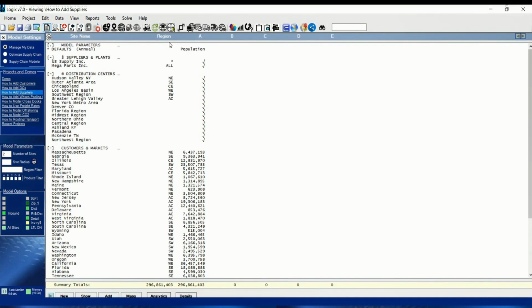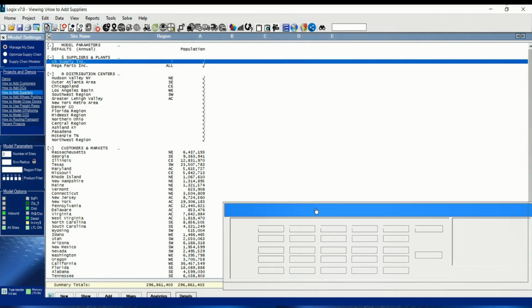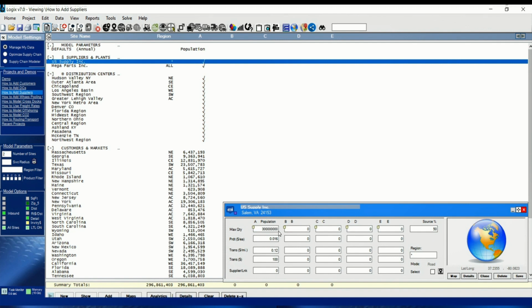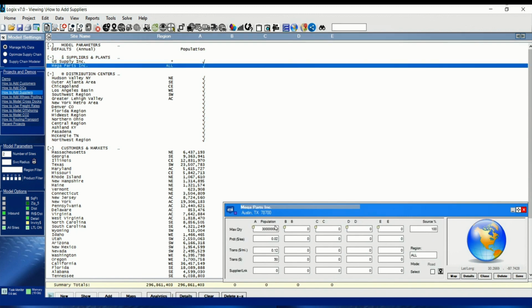So the choice is yours, whether to use inbound sourcing optimization and using the maximum quantity here as a threshold for either manufacturing or product availability. And similarly here for Megaparts.